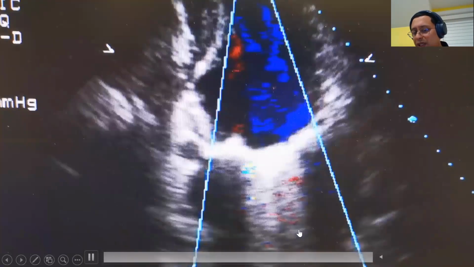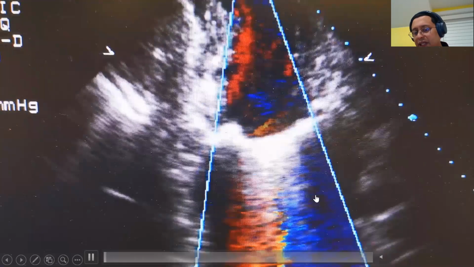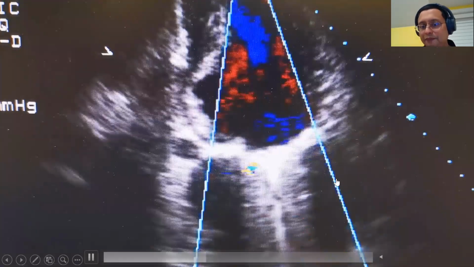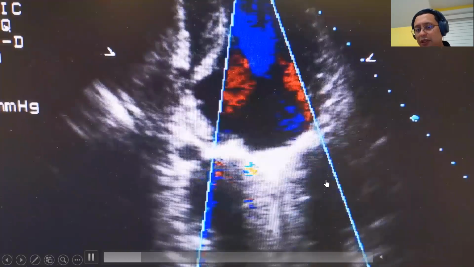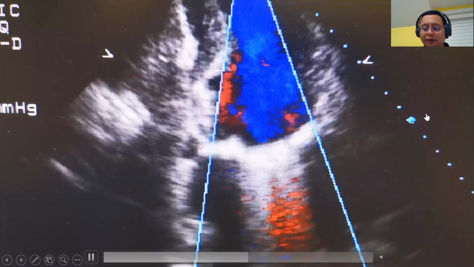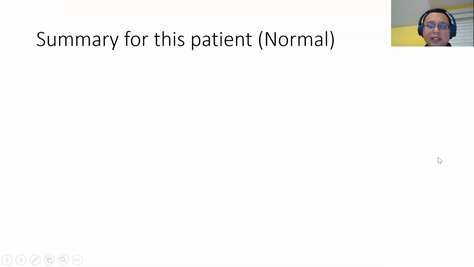Sometimes the regurgitation can be hidden behind the shadow inside the left atrium. From here you can see that there is no regurgitation, but sometimes there can be regurgitation and you cannot see it. This is the LVOT VTI. We want to see our dimensionless index, which is mitral valve VTI over LVOT VTI.